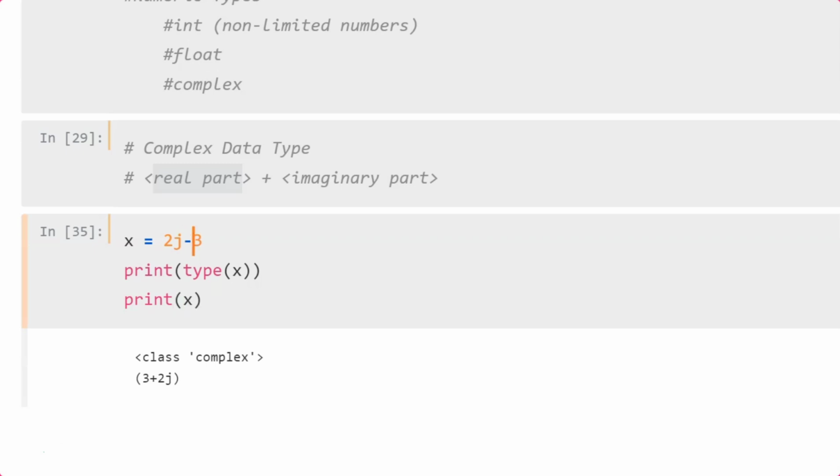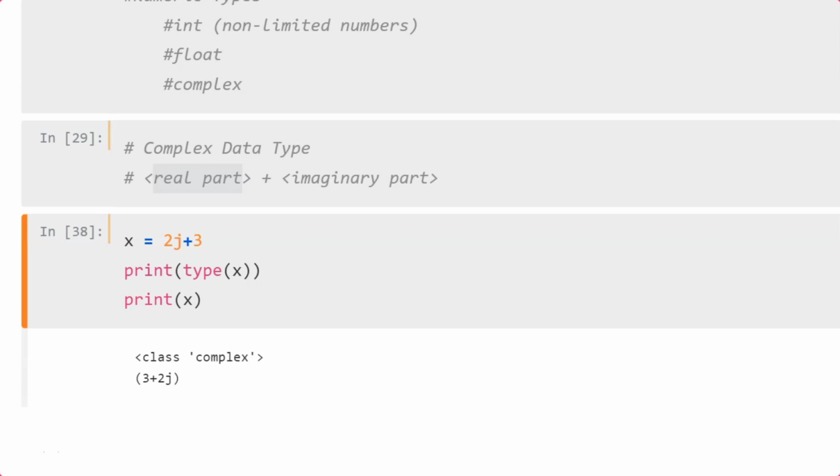If I try out a negative number, then it's going to be minus 3 plus 2j. Okay. If it's multiplication, it's going to be 6j. So it is exactly multiplied and then it produces a complex type. Okay. So plus and minus would be sufficient to understand these standards of complex values.